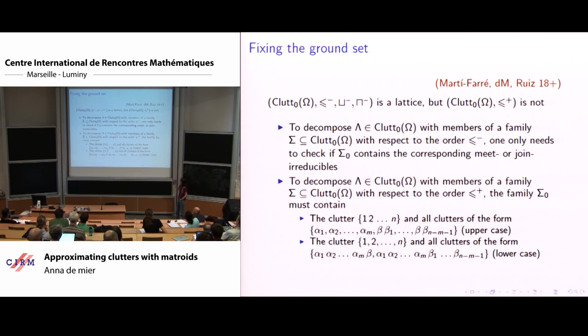Again, if I have a target family in the clutters with fixed ground set, and I want to be able to decompose with respect to that family with the order plus, there is some family of clutters that I have to have in my family. And if I have those, then everything works as before. And if I don't have them, then I cannot do it.